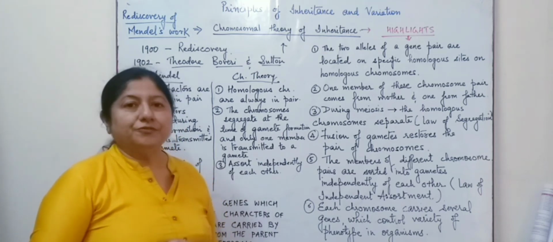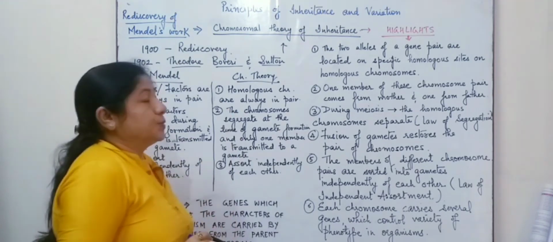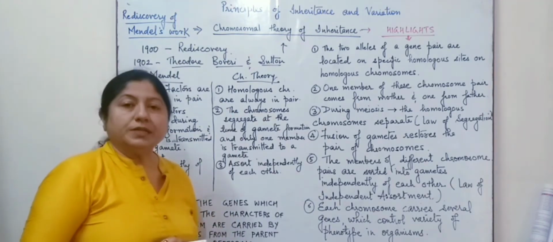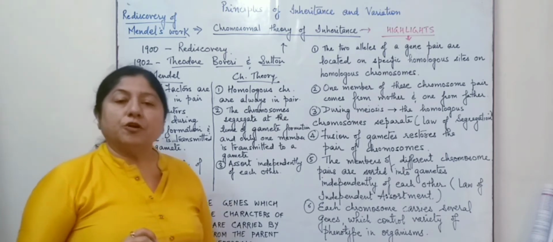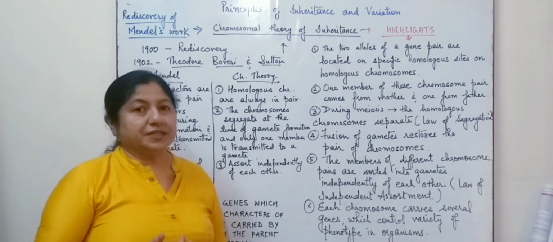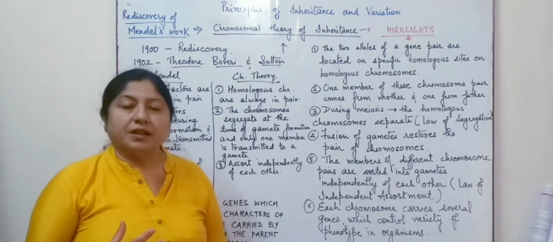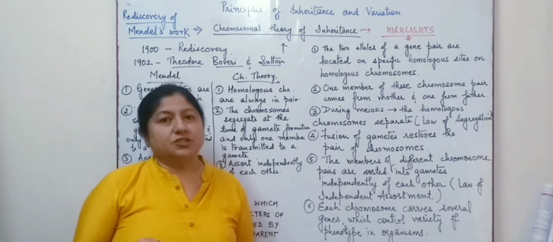In this video, we are going to talk about the rediscovery of Mendel's work, that is the chromosomal theory of inheritance. Now, when Mendel performed the experiments, he recorded all his data in some obscure journal, and as a result, his work was not much recognized.